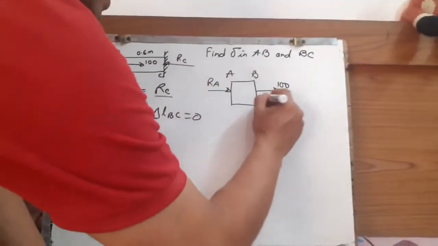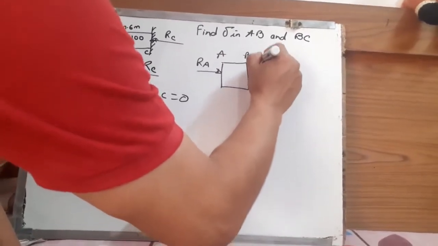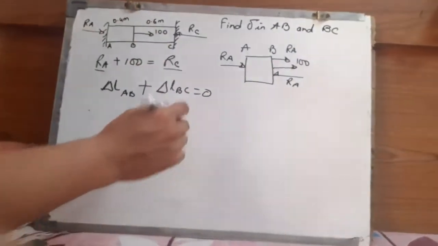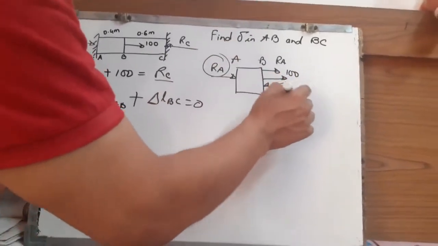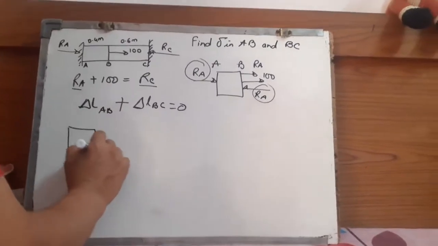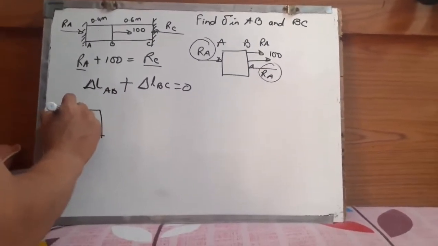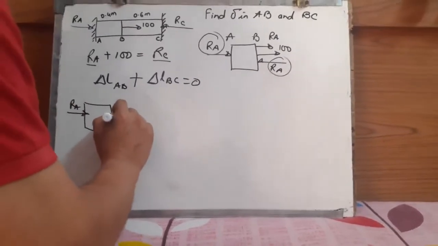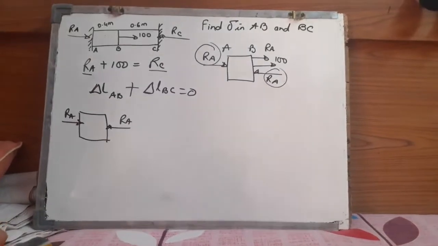So you are adding RA and you are subtracting RA. So when you are adding RA and subtracting RA, this RA and this RA come here and form this is RA, this is RA. So this is your one equation.